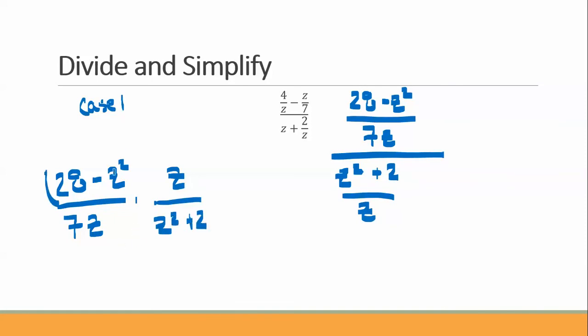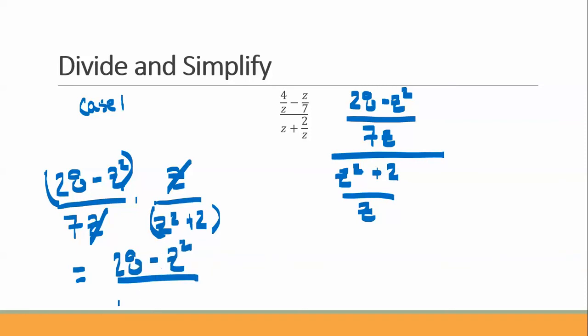This is one whole thing, and this is one whole thing. They're not the same, so we can't divide anything out. But we do have a z in the numerator here and a z in the denominator there, so those do divide out. So our final answer is going to be 28 minus z squared over 7 times z squared plus 2.